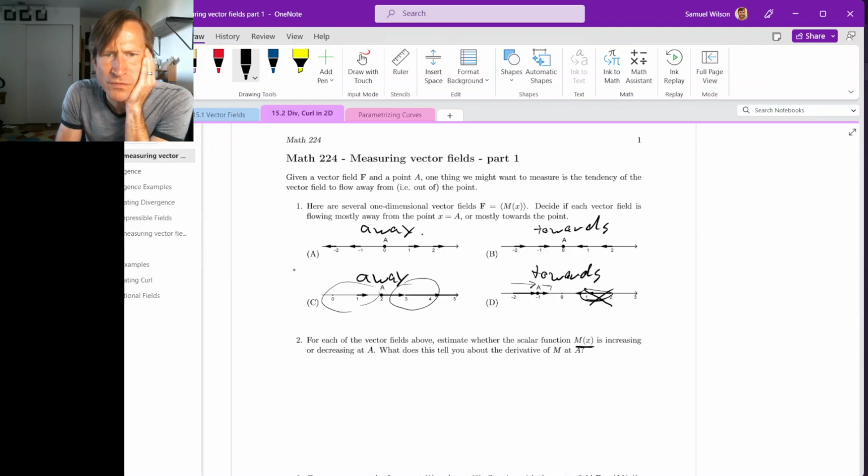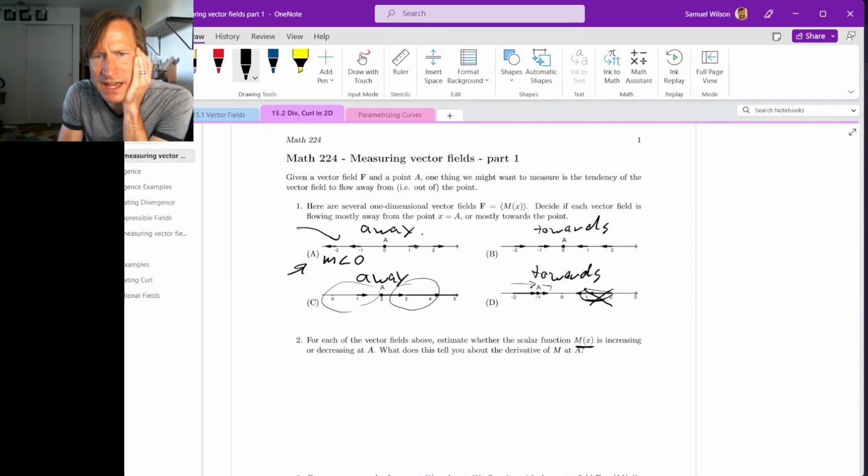So for part capital A here, I should maybe number these instead of letter them because it's confusing to have a point called A in example A. Anyway, so to the left of A, M must be negative because this vector is pointing to the left, right? So M is negative over here.